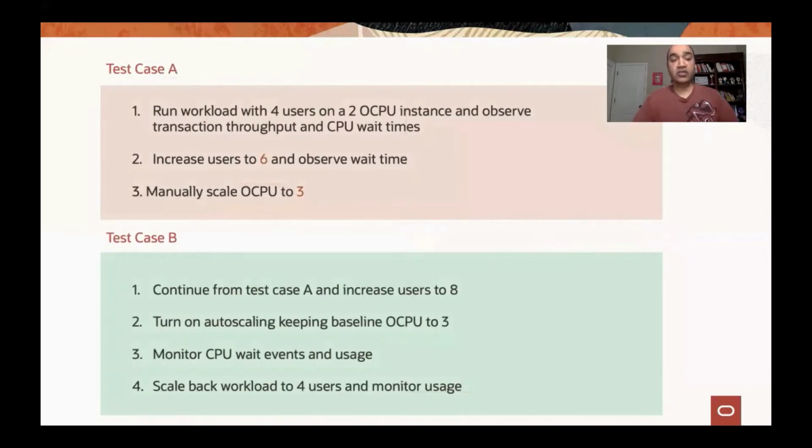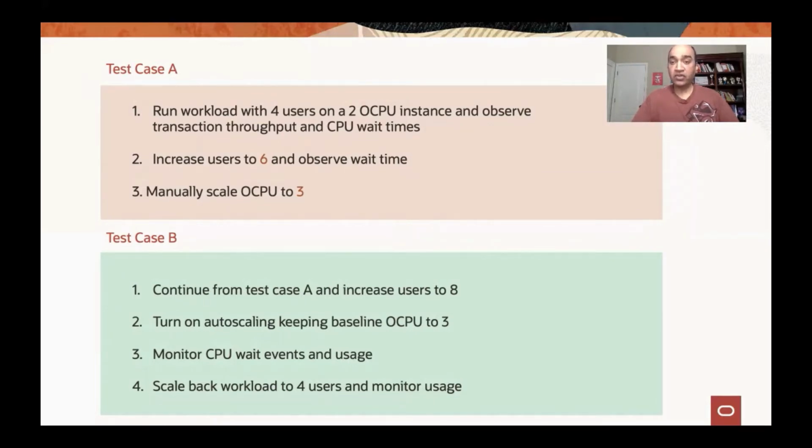In terms of testing of autoscaling, there are two tests we're going to run. We're going to first baseline it in the workload generator, starting with 4 users, and we'll have a 2 OCPU database deployed. 2 OCPUs is equal to 4 threads, so 4 concurrent active sessions can run in the database.